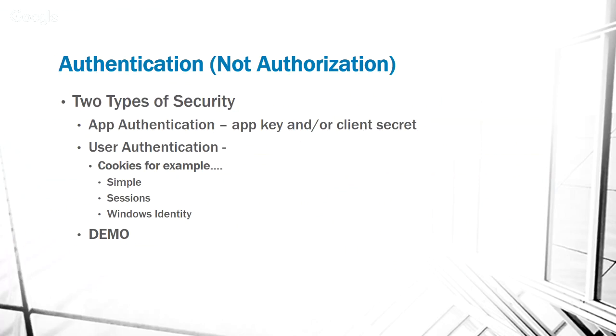So a lot of implementations will simply give a company to a company, or a developer to a company, or developer to a site, some third-party site, or even internal. They have a brand new thing at the LDS Church that we have to deal with, an app key and a client secret. So that is one type of security. As long as you somehow transfer that secret between you and the other person securely, then they have a secret and you have it.